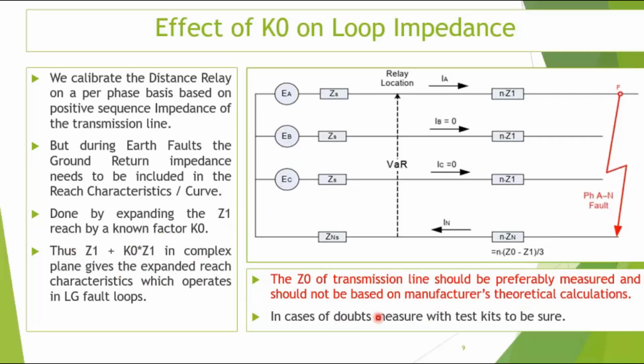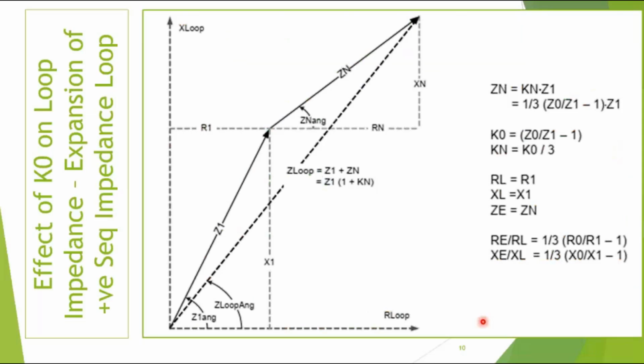In cases of doubt, where the distance the relay is showing during ground faults is not as per the real fault location, and my settings are all correct, my K0 calculation is correct, then measure the K0 with a test kit. There are methods to measure. Okay, so this is how this expansion takes place.